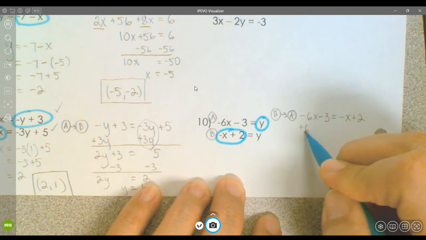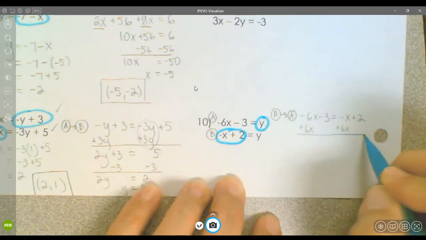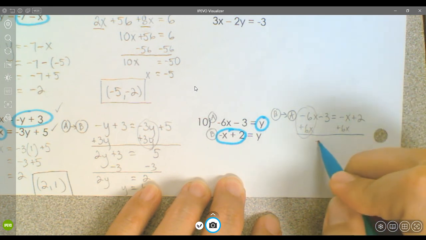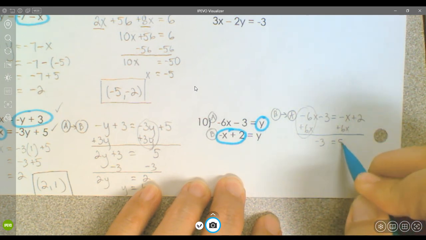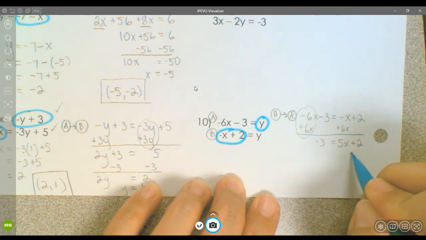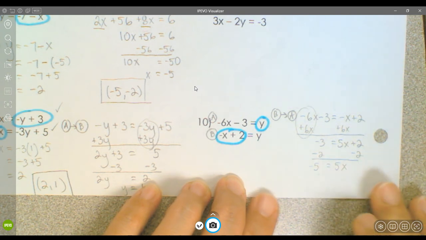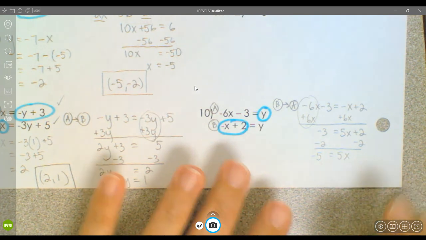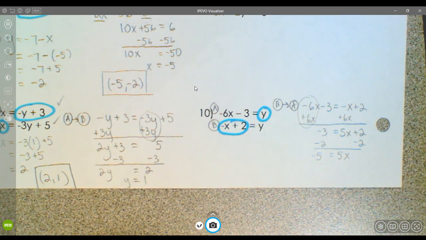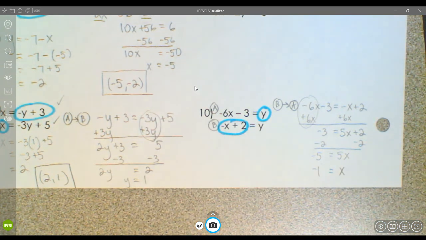So I'm going to add 6x. And when I do that, I'm left with -3 equals 5x plus 2. Now I'm going to subtract the 2 from both sides. And I find that negative 5 equals 5x. And so I want to divide by 5, and I find that x equals negative 1.